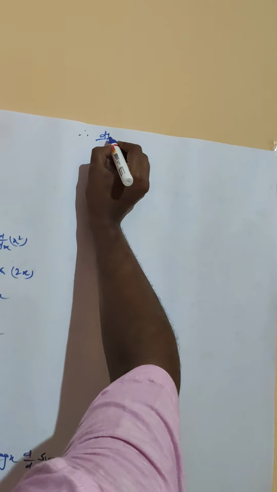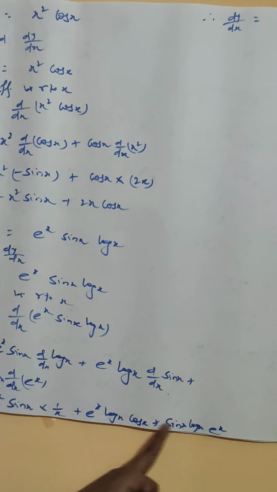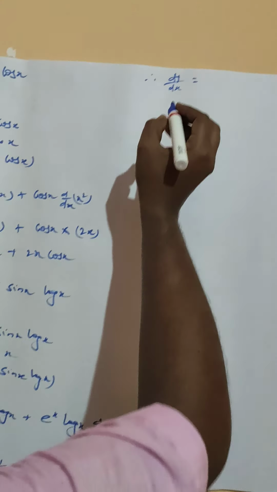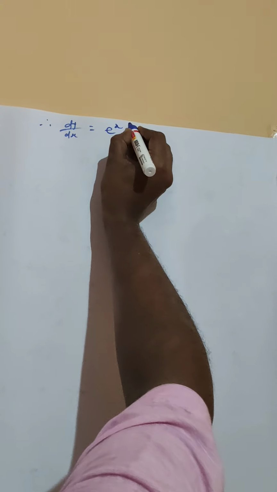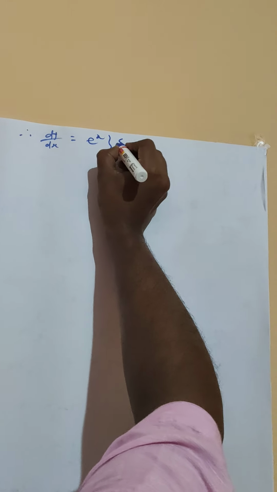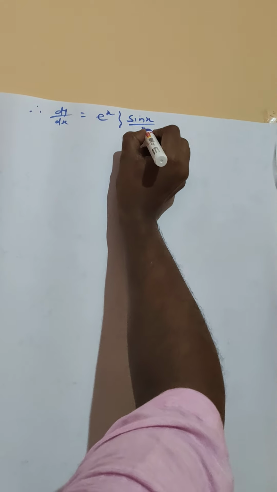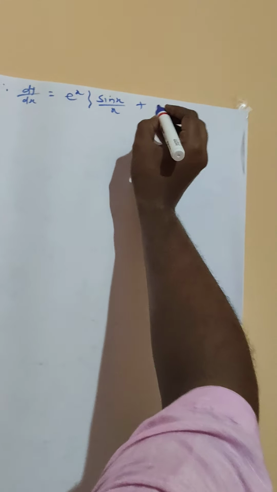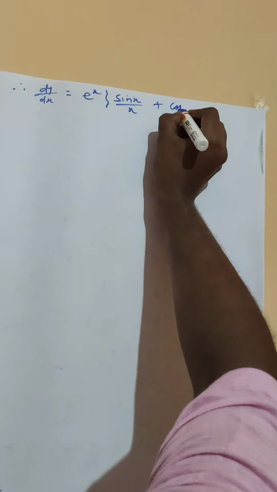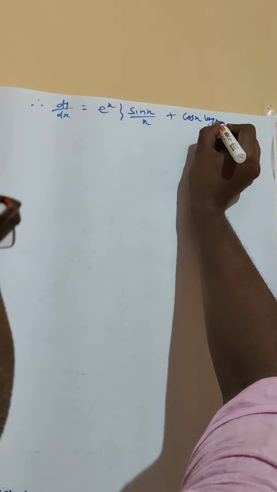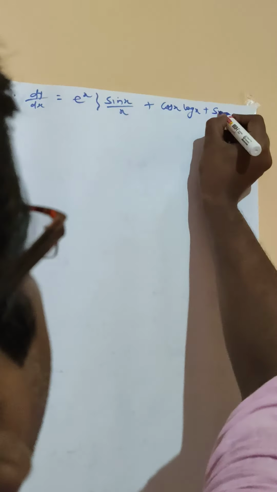Hence dy by dx is, we can take e raised to x common from each term, so sin x by x plus cos x log x plus sin x log x.